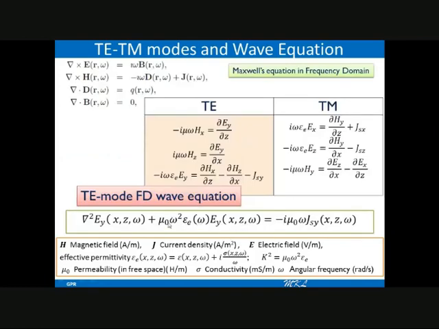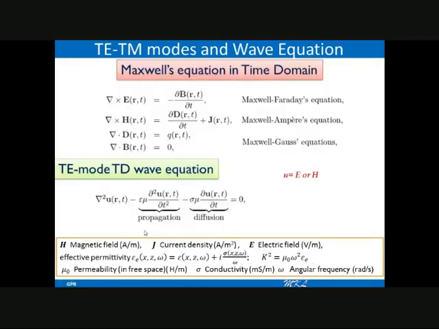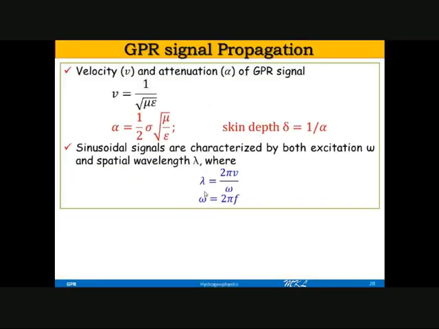In this propagation term, mu 0 omega square epsilon is your k square. That's the propagation constant, capital K square. Write this down. So here you can easily find the propagation constant, and this diffusion part is extra in your time domain. Whenever you do the time domain calculation, it is far more complicated than the frequency domain calculation.